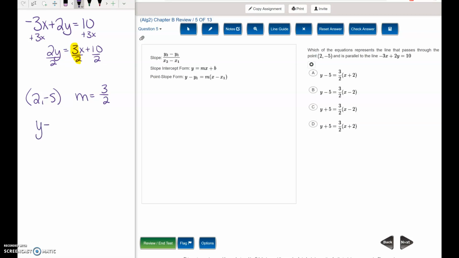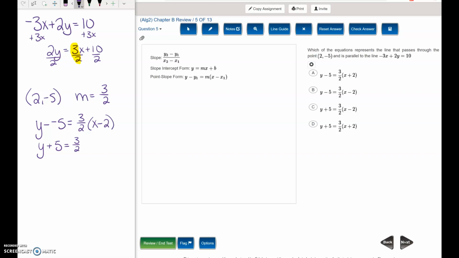So y minus a -5 equals 3/2 times x minus 2. You may want to use your calculator to help you distribute that 3/2, or what decimal is 3/2?